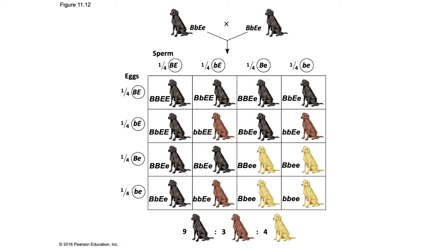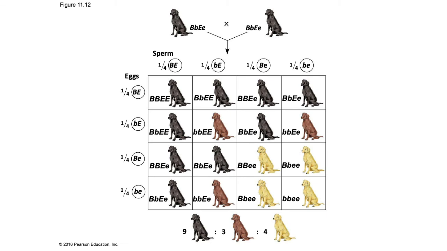If this trait followed Mendel's laws of inheritance, you would expect all of the offspring who have a big B allele of the pigment color gene to be black, and any individual that was homozygous recessive or had two copies of the little b allele of the pigment color gene to be brown.